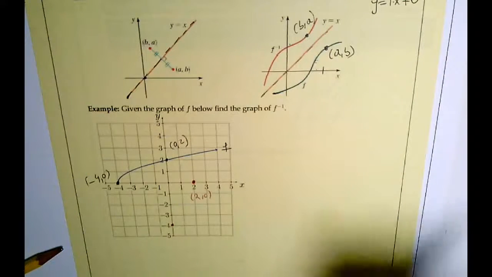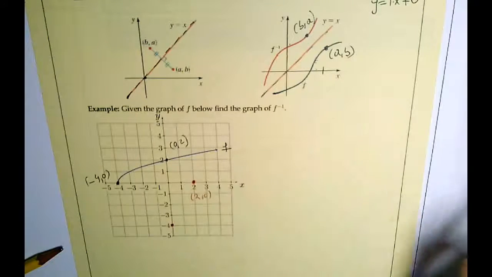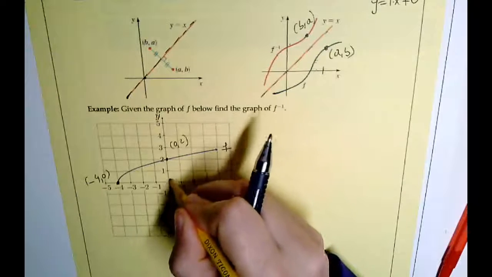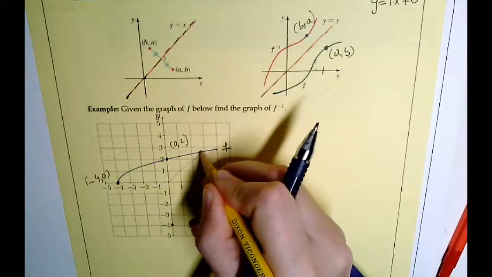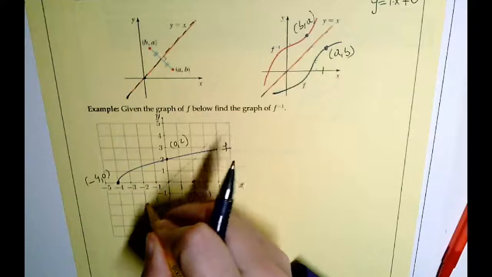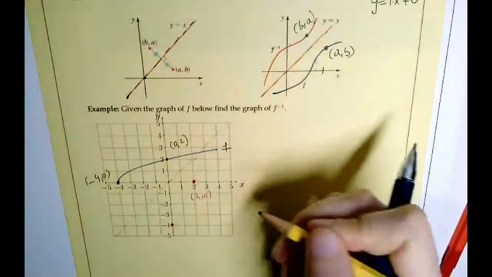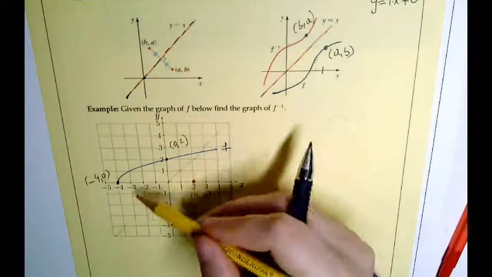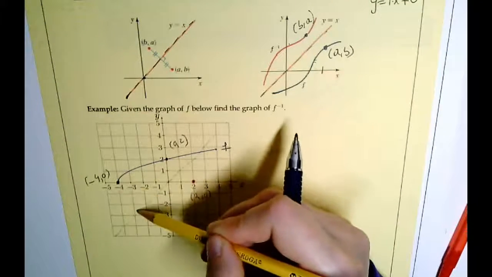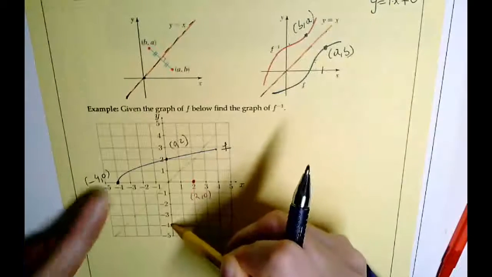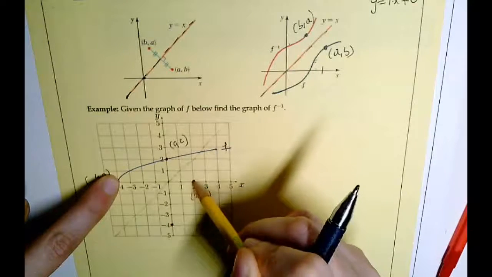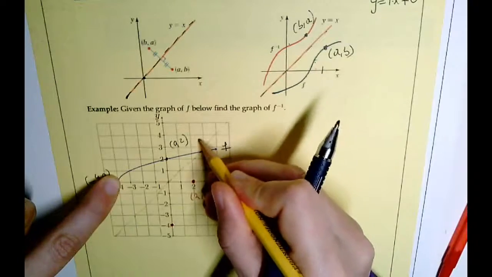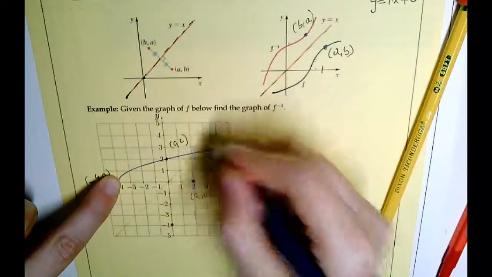So how do I draw this? I only have 2 points now. So let's draw the line y equals x, and that's going to help us. So y equals x. So now I can see that this reflected by y equals x is going to go here, and this reflected by y equals x is going to go here, and then this reflected by y equals x is going to go there.